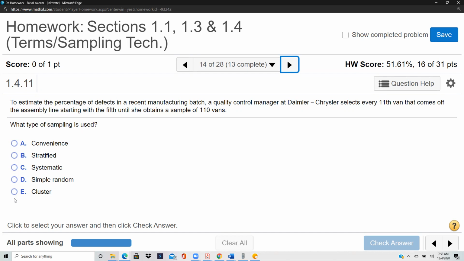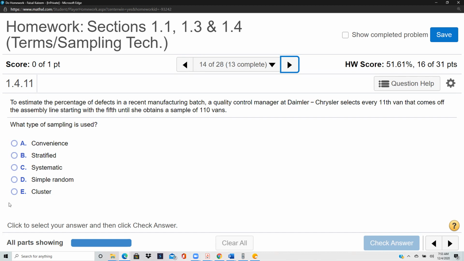This one is stratified because at the first level we selected everything. We selected all the states in which America was divided. But at the second level, we just chose a few people from each state. So this was stratified sampling.